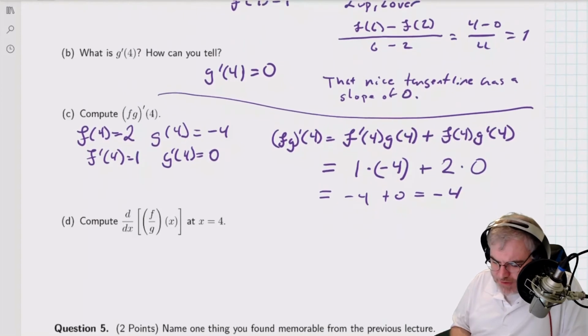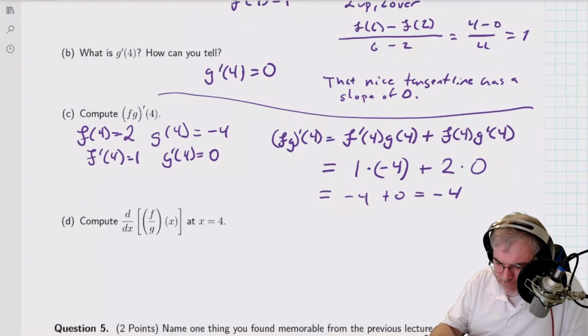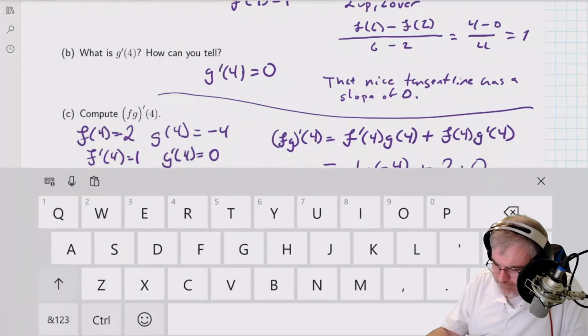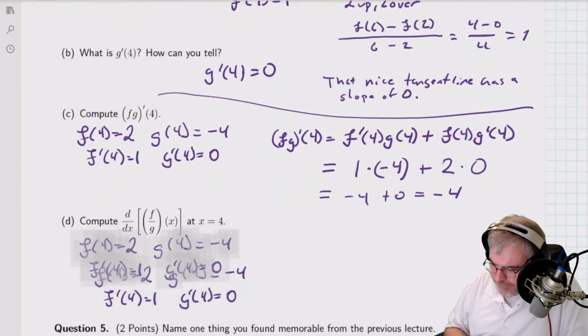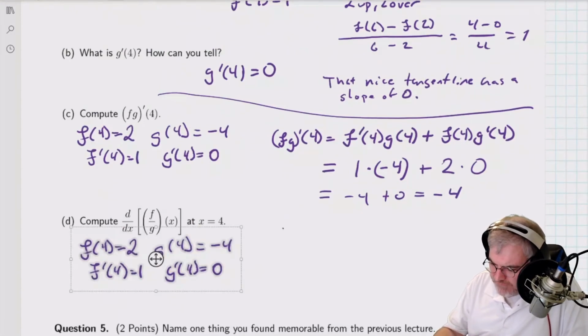Okay, the next one, I'm going to do the exact same thing. I've got my numbers already written here. I probably wouldn't copy them again, but we've got a computer for a reason. Okay. So now I'm going to write f over g of 4.